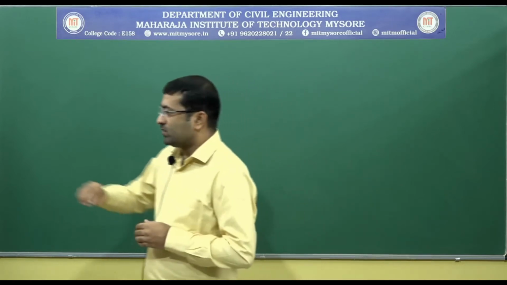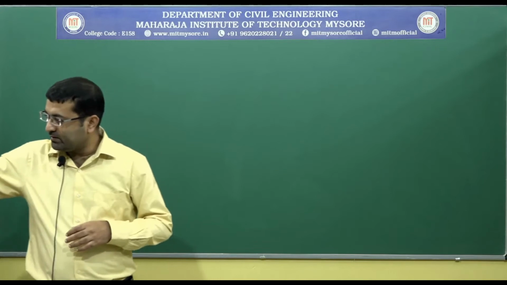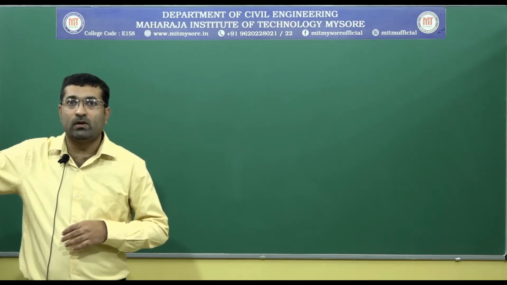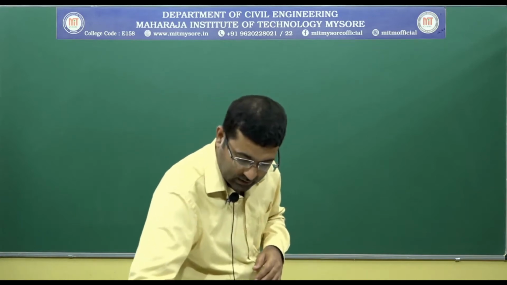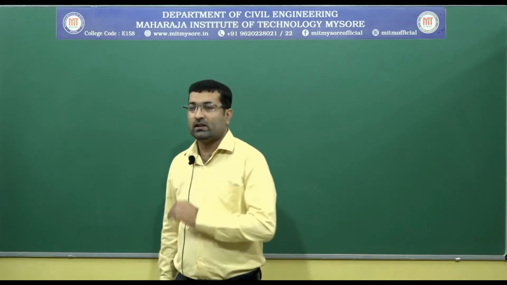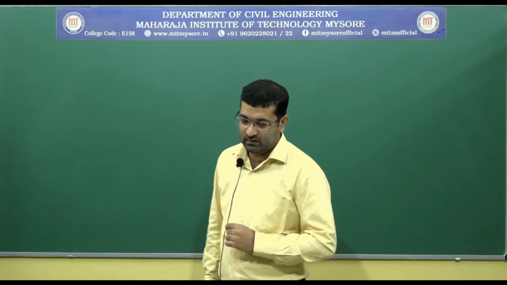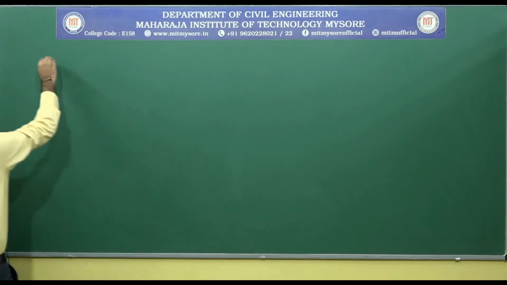Okay. So, the problem I have chosen today is similar to the problem which we have solved, but in that case I have not considered the sinking. Here I am considering the sinking of one support. It is a 3-span beam.